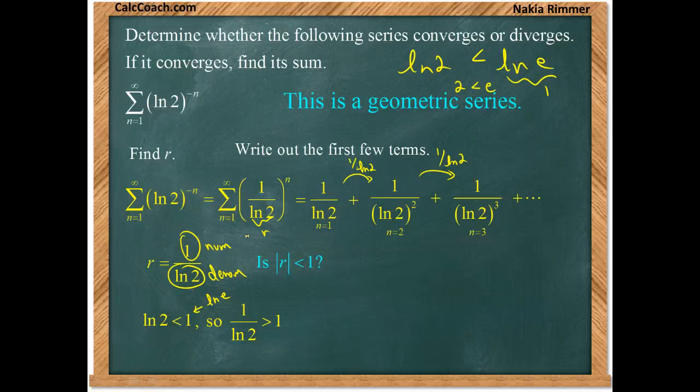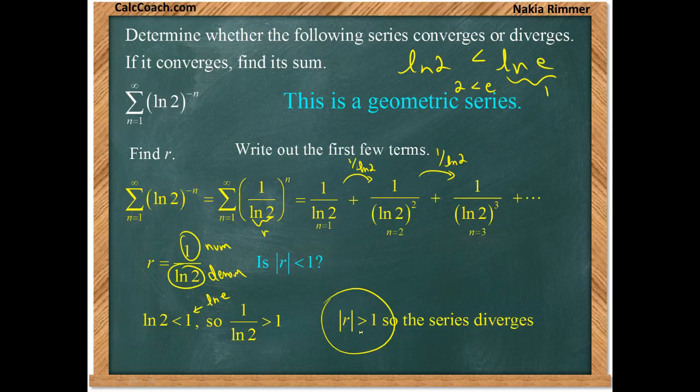And so it's going to turn out then that we have a series that diverges because our ratio in absolute value is greater than 1. Divergent series. No need to try to find out what the sum is because it diverges. Okay, great.